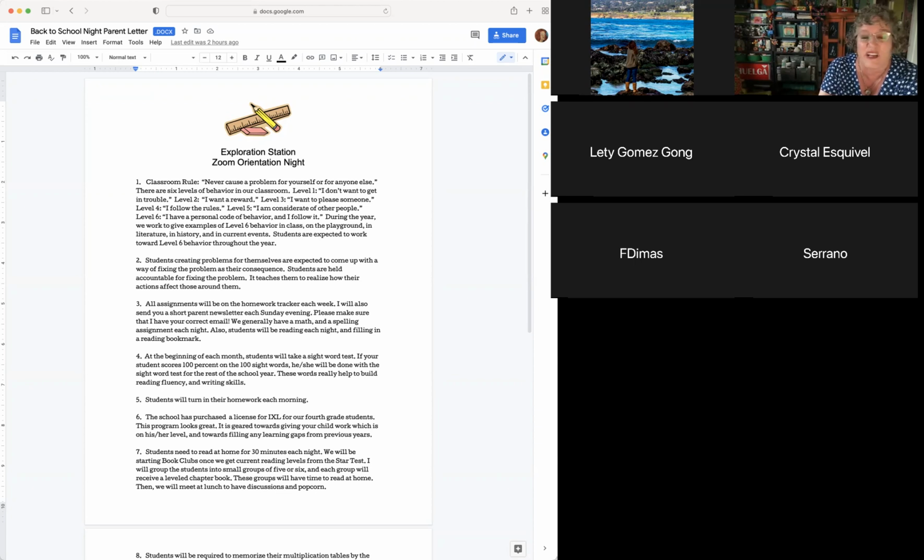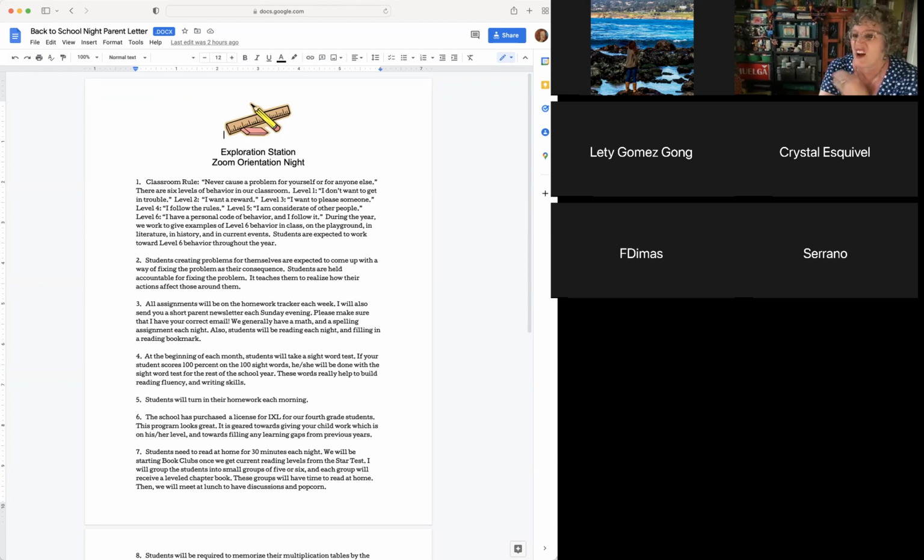Level 1 is I don't want to get in trouble. That's like the lowest motivation, the lowest level of behavior. Level 2 is I want a reward. You know, like if I do something great, I want a piece of candy or like a pizza party. Level 3 is I want to please someone, which a lot of times kids operate on level 3 because they want me to be happy or they want you to be happy.